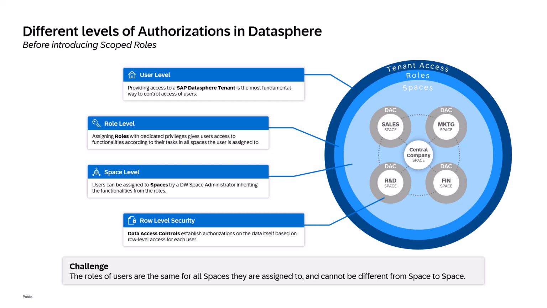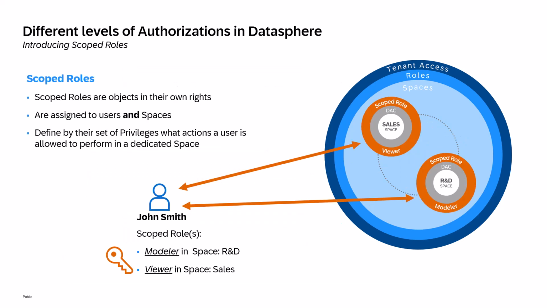With the existing capabilities, that was not possible so far. If a modeler role was assigned, this modeler role took effect in all the spaces a user is assigned to. So we now introduce the concept of scoped roles, which is an object in its own right.